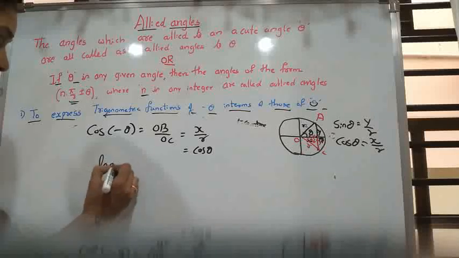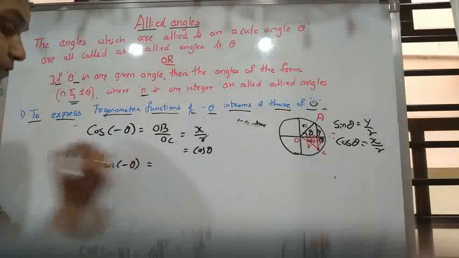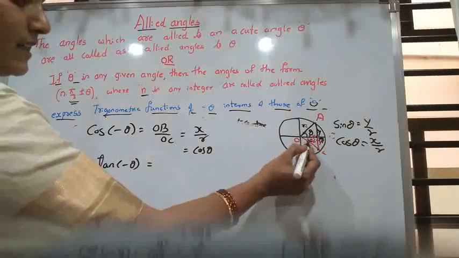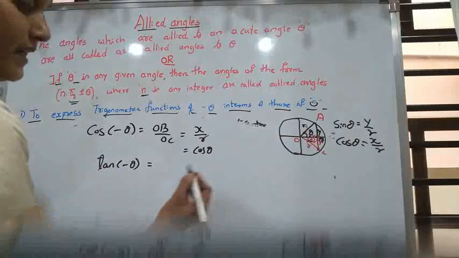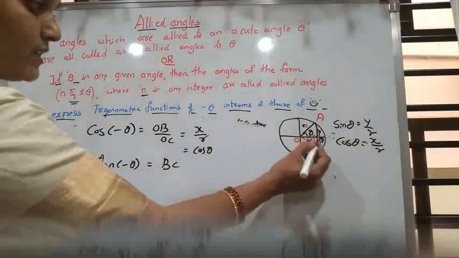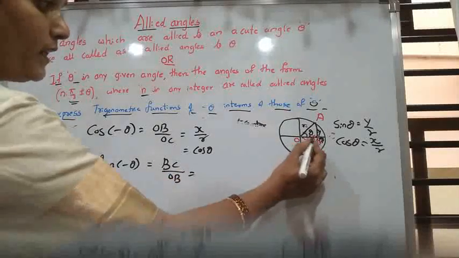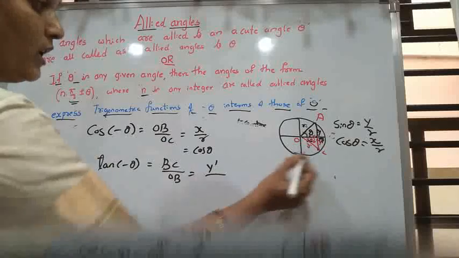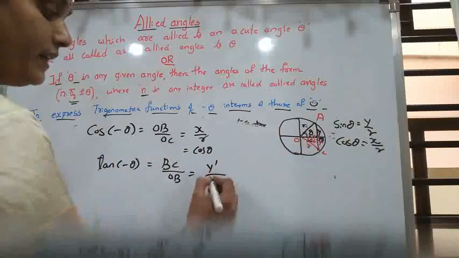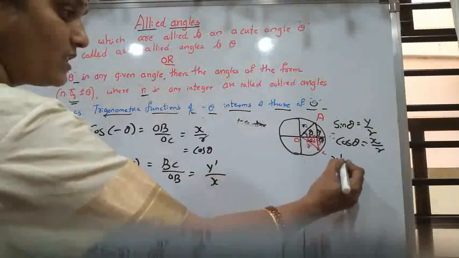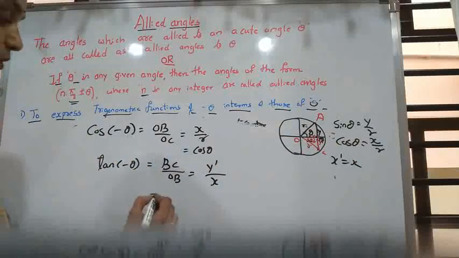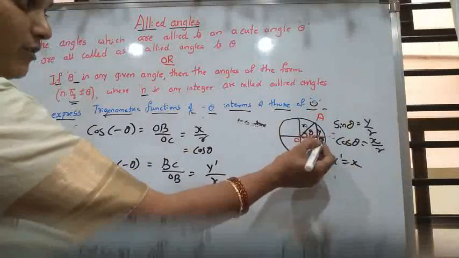Then, tan of minus theta. Opposite side divided by adjacent side. The opposite side for this is BC, and the adjacent side for this is OB. What is BC? Y dash. Then, what is OB? It is x or x dash, both are the same here. So, what is y dash in terms of y?